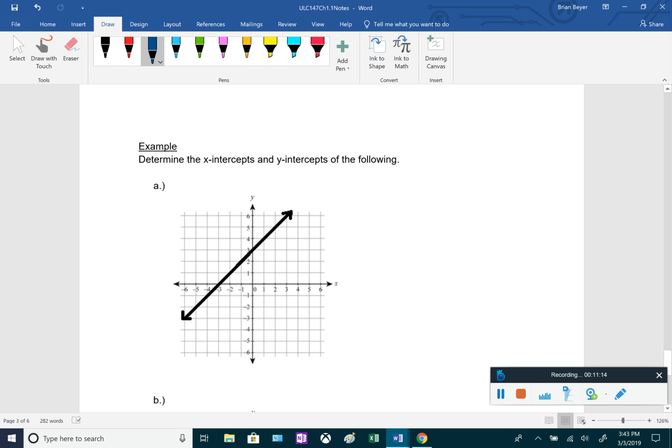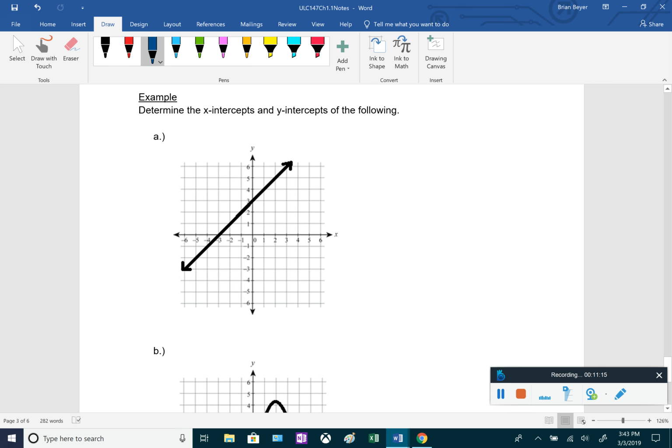Okay, so let's do one more page here with some examples for determining the x and y-intercepts to make sure we're good with it. For the first one, we have this linear equation, which we'll actually get into graphing later on. It's a straight line. We want to know the x-intercept and the y-intercept. For the x-intercept, that's going to be right down here.